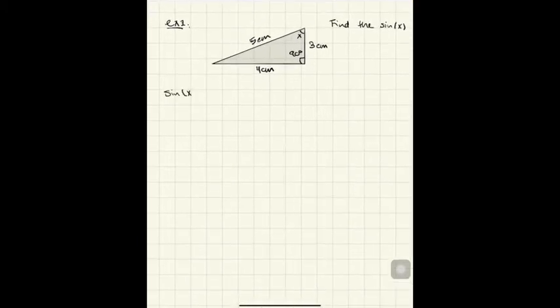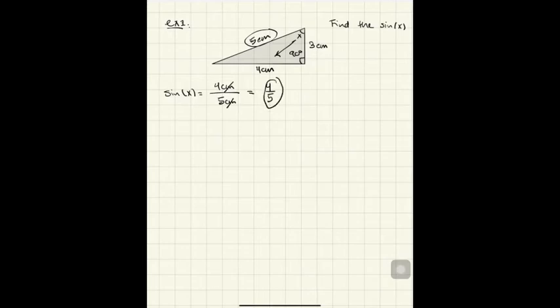Okay? So we said that sine is what rhymes with site, kind of, right? So we're going to write sine, okay? What we can see right in front of our eyes, 4 centimeters, divided by the big guy, the hypotenuse, the largest side in the triangle. So basically centimeter with centimeter cancels out. My answer is going to give me 4 divided by 5. That's it.